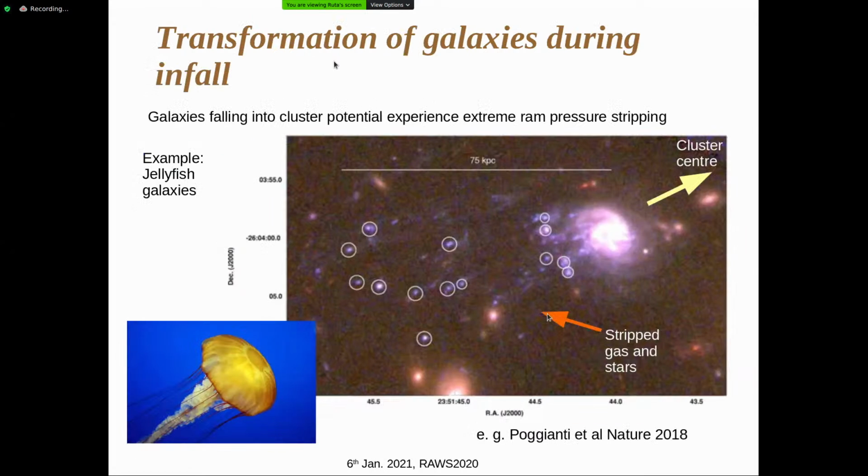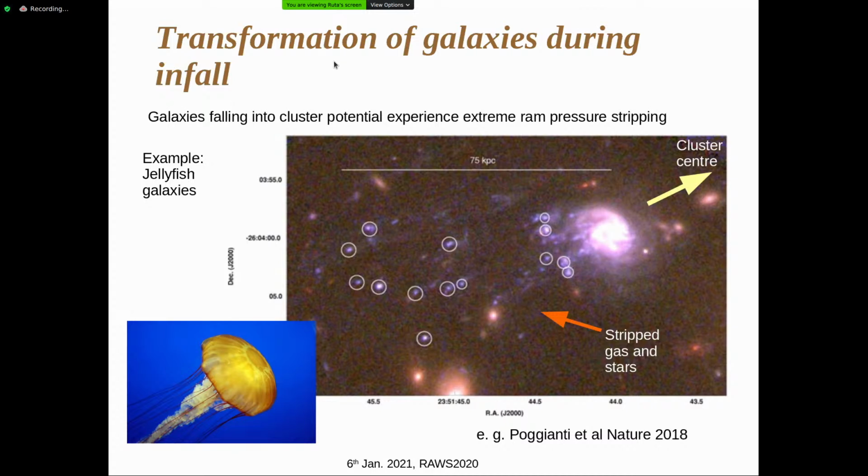There is another important aspect where there is a transformation of galaxies. As I showed you earlier, the Dressler's plot, where the galaxy type and the environment seem to be very closely connected. So the galaxies are basically falling under gravity, and if a spiral galaxy is falling into a cluster, what will happen?